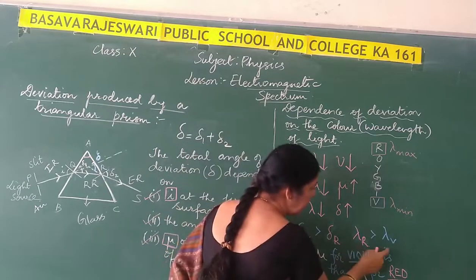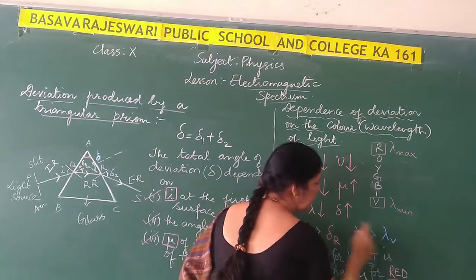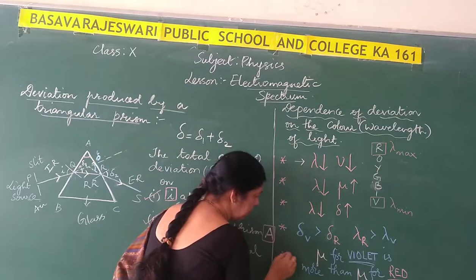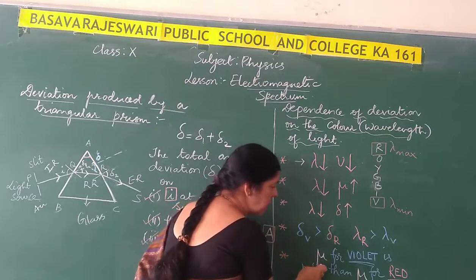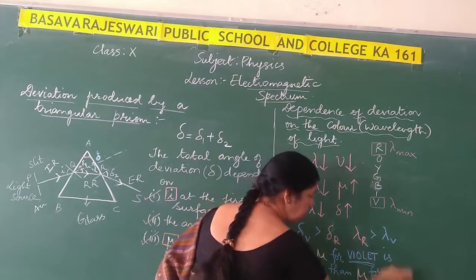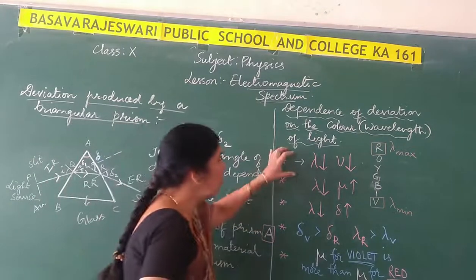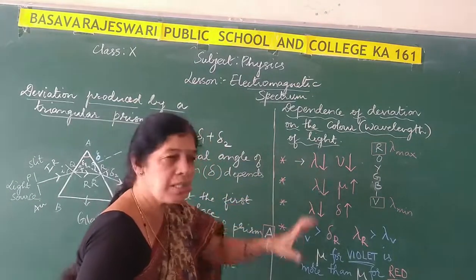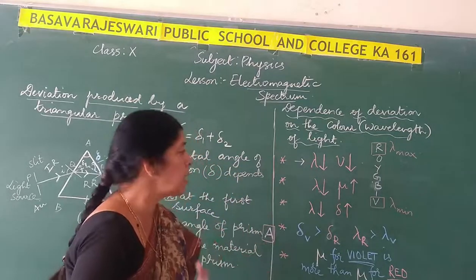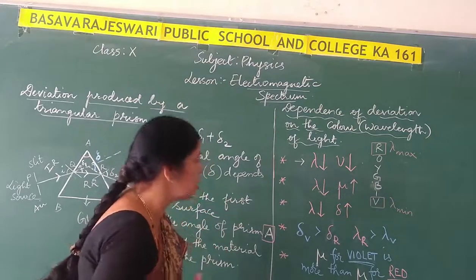When you compare the wavelengths, the wavelength of red light is more than the wavelength of violet light. And one more important point you have to remember is the refractive index for violet is more than the refractive index for red color. Understood? So, because of the decrease in wavelength, the velocity changes, and due to the change in the refractive index, the angle of deviation also changes.